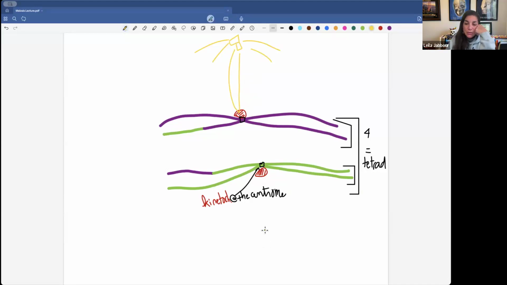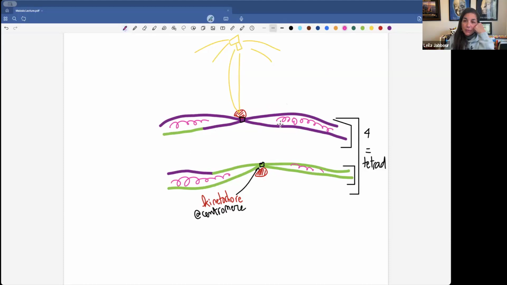So same thing happens here. I forgot that I need the space. Okay, kinetochore at the centromere. And let's draw it in pink. Now remember, we have cohesins keeping the sister chromatids together.